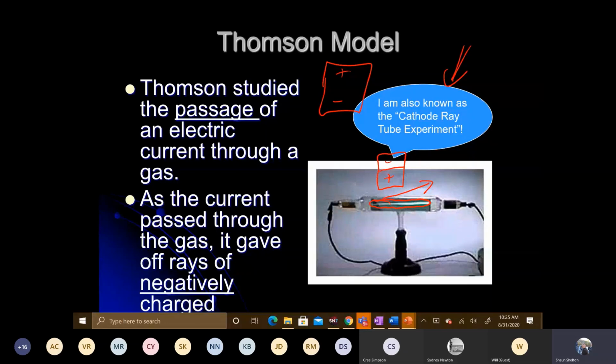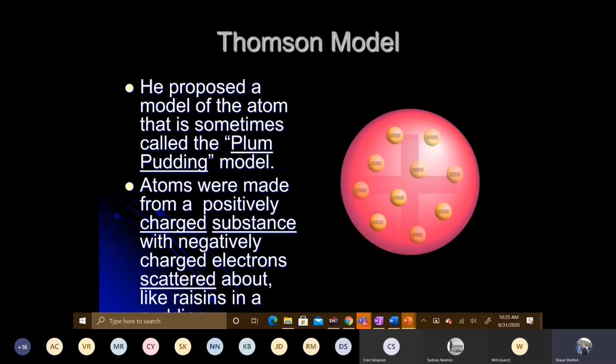Now, what he couldn't explain is that if there's a negative charge, then where's the positive charge going to be? And that's where we get back to the plum pudding model. That's why he says that the positive charge is throughout the entirety of the atom, and the negative charges are just sprinkled on top because they're going to be attracted towards that big, large positive charge.